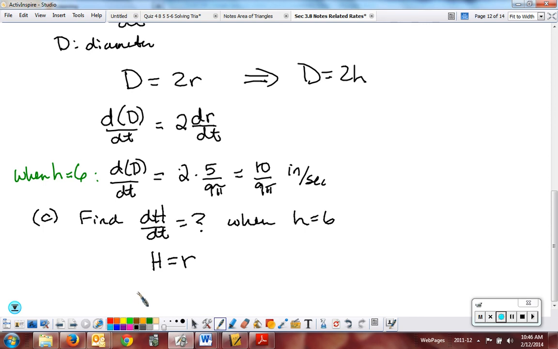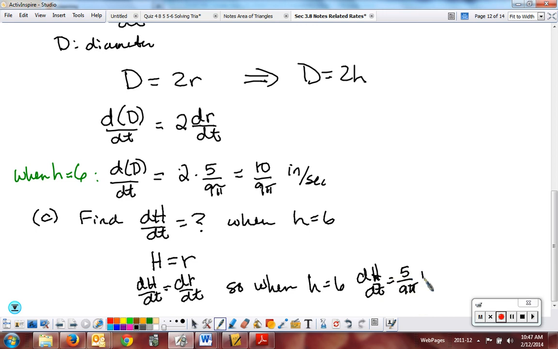What is your derivative of that? dh dt equals dr dt. So, when h equals 6, dh dt equals 5 over 9 pi inches per second. And you can write the sentence.